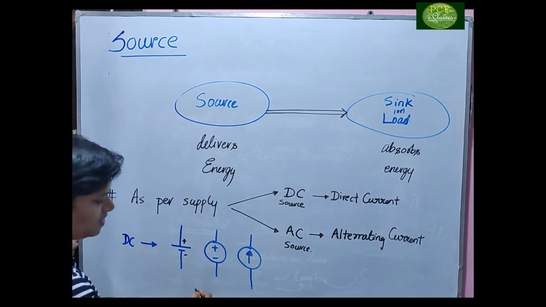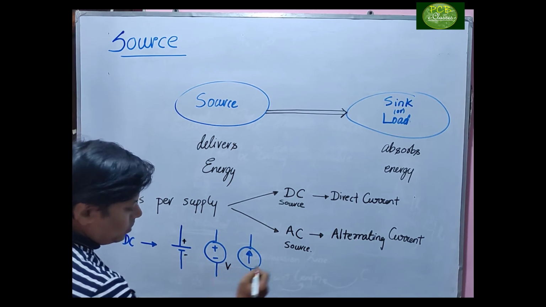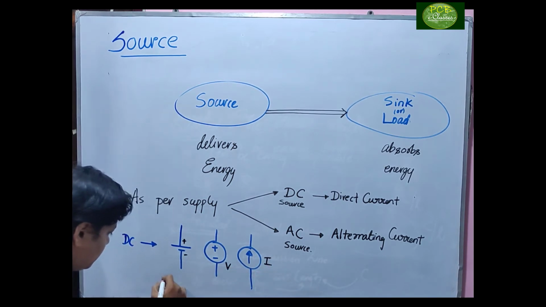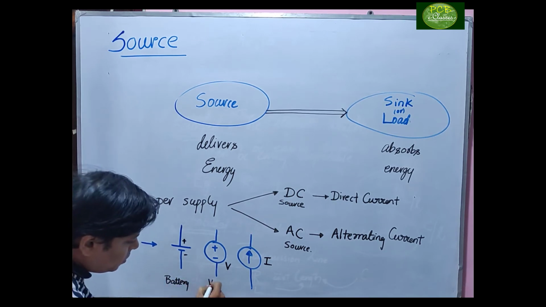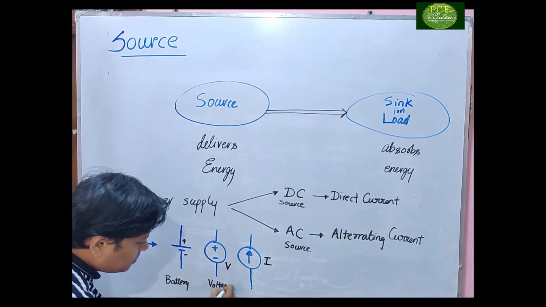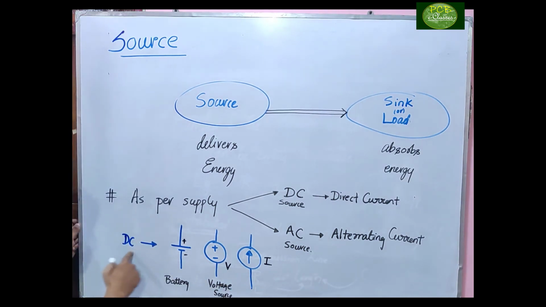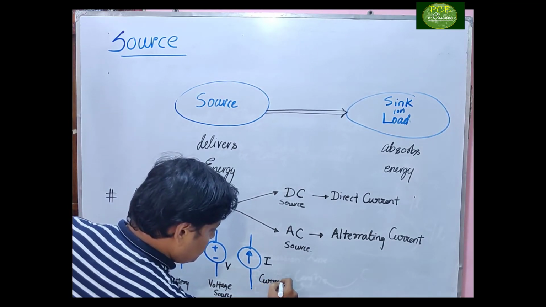It's also having positive terminal, negative terminal. This is a voltage. So it is voltage, it is a current. So this is basically battery. This is voltage source. What type of voltage source?